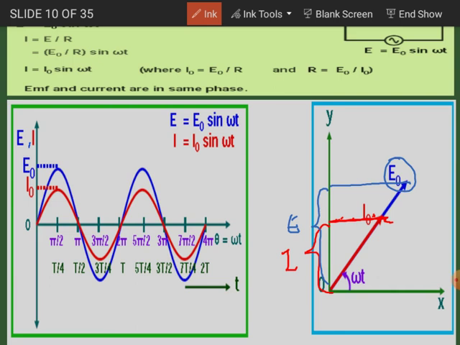It can be done onto the x-axis also. If it is done onto the time axis or x-axis, this will give you your instantaneous EMF. If you drop a projection for current from its peak value, its instantaneous value will be denoted by this line, and this line and this line will be the same, right? Yes.